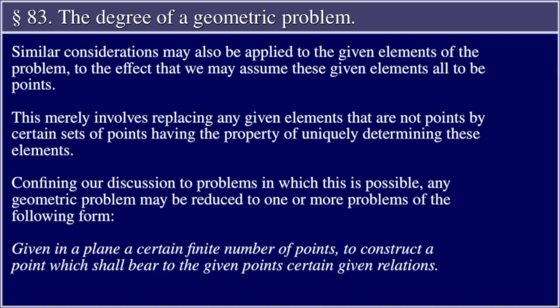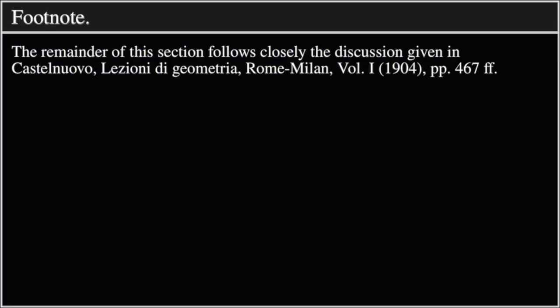Given in a plane a certain finite number of points, to construct a point which shall bear to the given points certain given relations. Footnote: The remainder of this section follows closely the discussion given in Castelnuovo, Lezioni di Geometria, Rome, Milan, Volume 1, 1904, pages 467 forward.